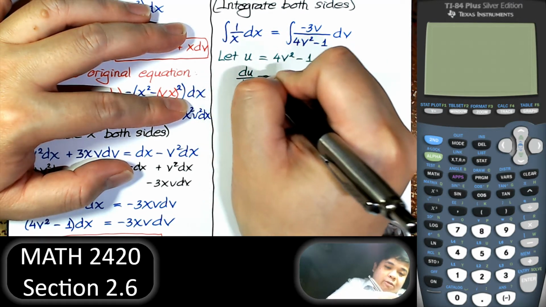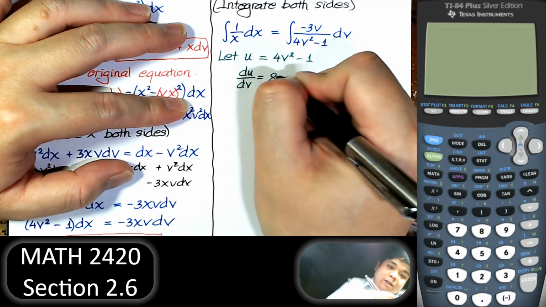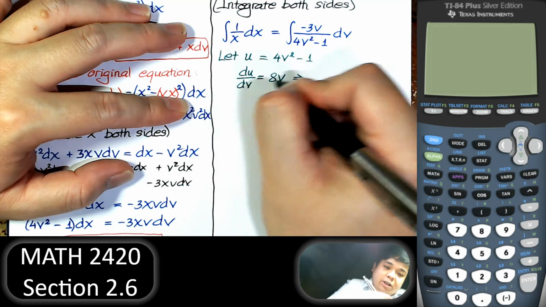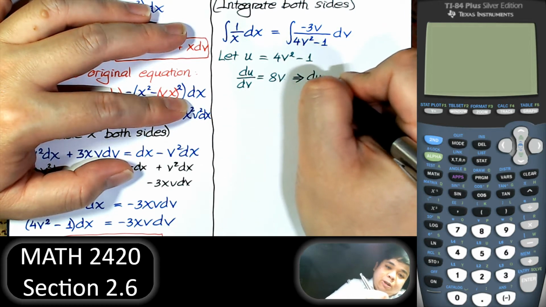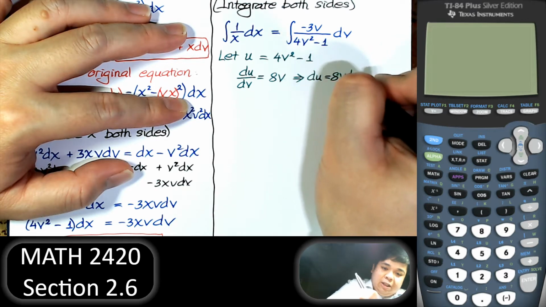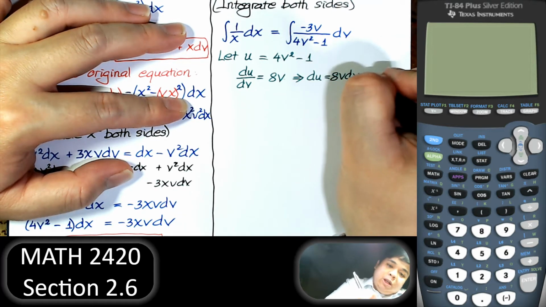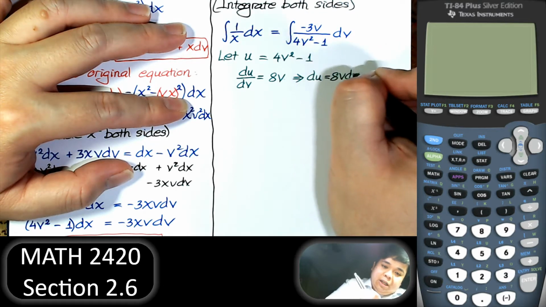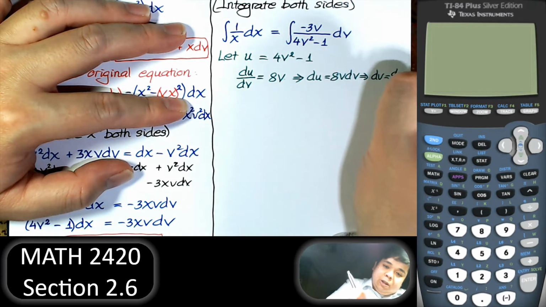du over dv is 8v, right? So we can solve for du is 8v dv, or dv is du over 8v, right?